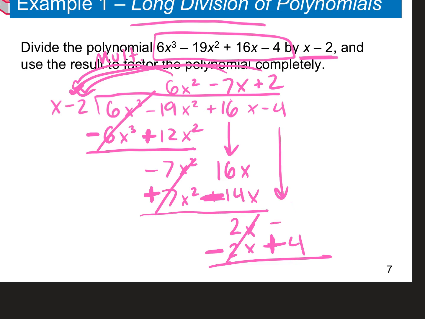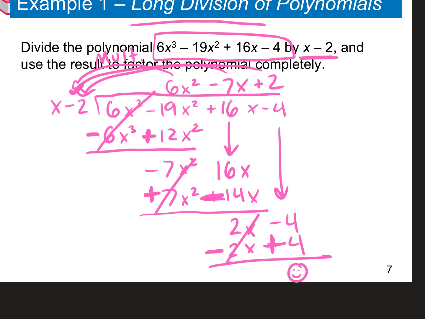And then I have negative 4 plus 4, which is 0. Once you run out, we have an x squared, an x, a constant. After our constant, whatever we would have left down here would be our remainder. So here we have no remainder.